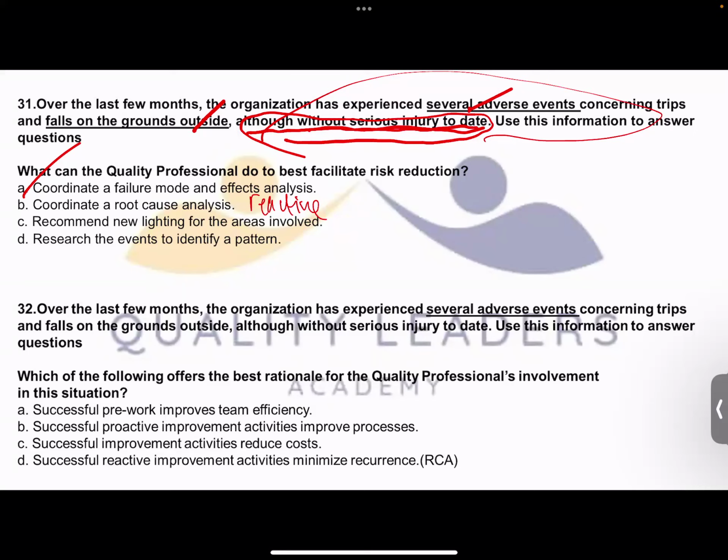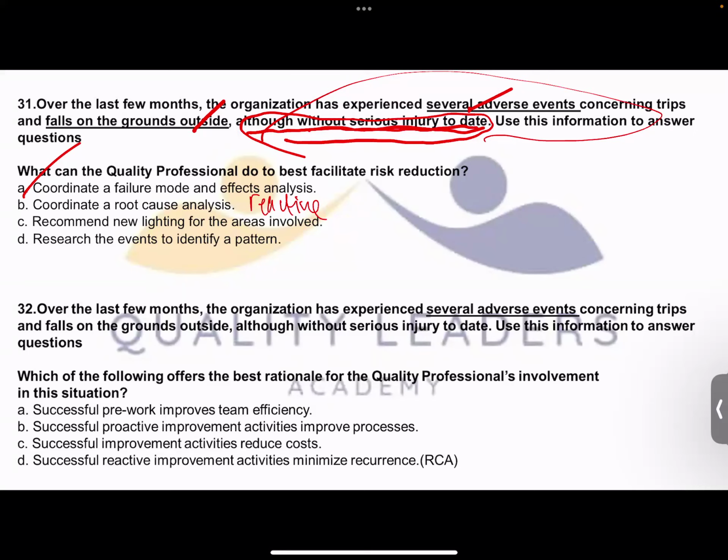Letter A, successful pre-work improves team efficiency. B, successful proactive improvement activities improve processes. C, successful improvement activities reduce cost. And letter D, successful reactive improvement activities minimize recurrence, or the RCA.